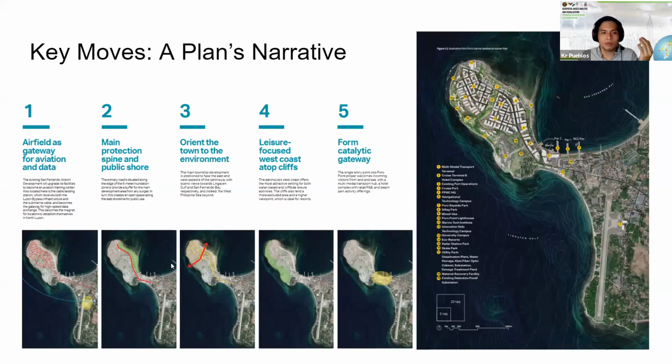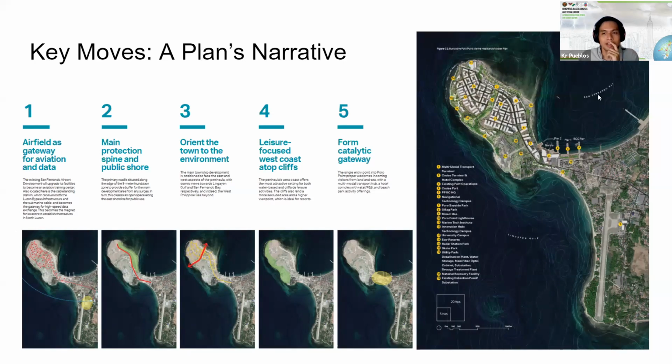And after we looked at the coast, we wanted to orient most of the township plan towards those coasts and protect what was important, looking at the cliffs, looking at the beachside parts of the site, and then we wanted to create a catalytic gateway here.